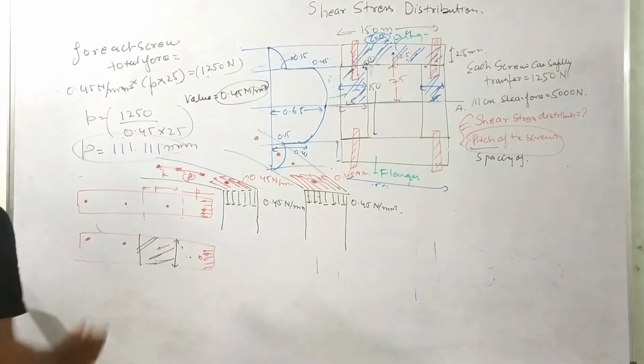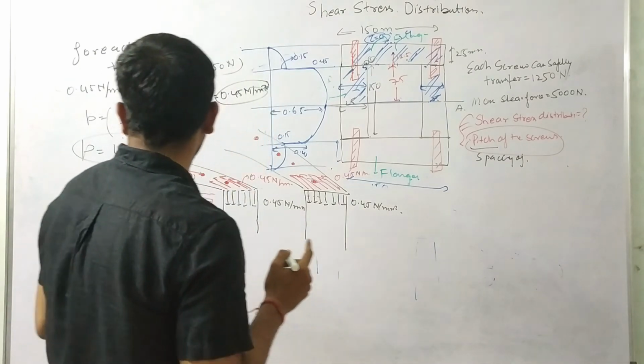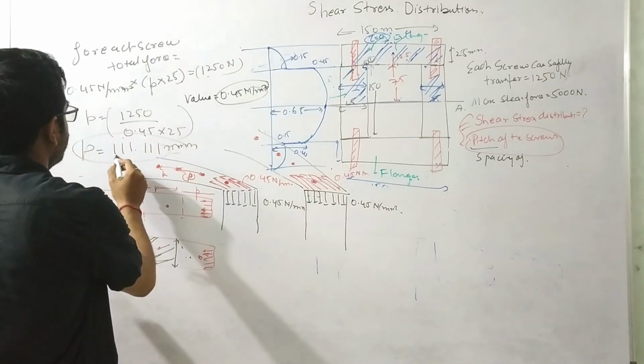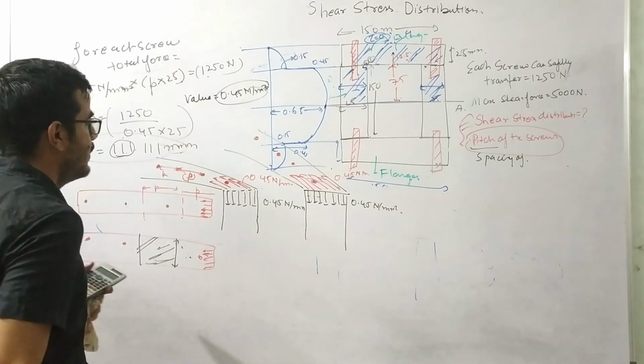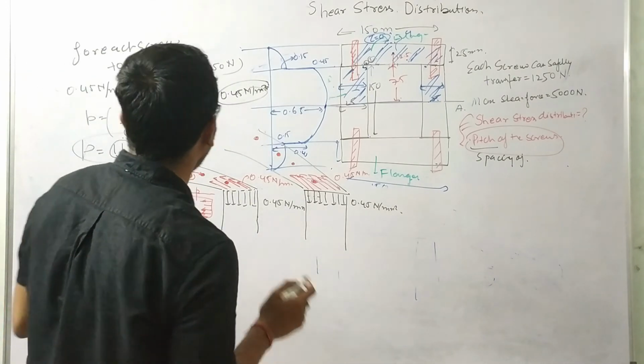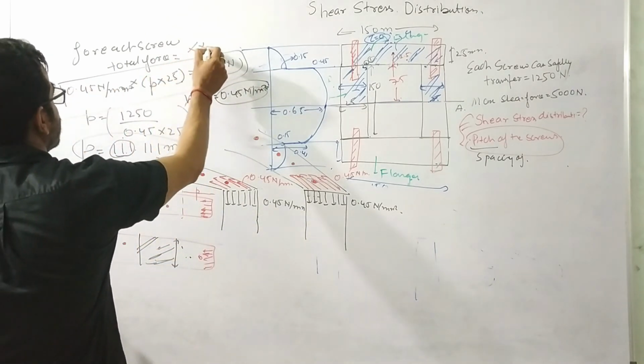What is meant by that? The spacing should be 111 mm. The spacing between the screws is 111.11 mm, and you can see how we calculated this. This is the main important thing. This is our condition.